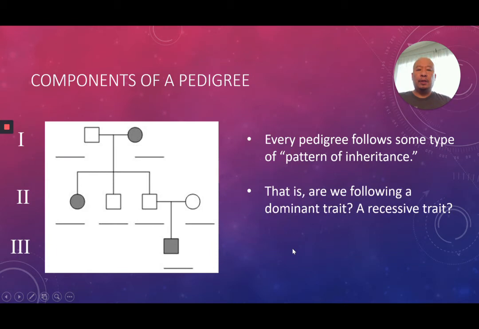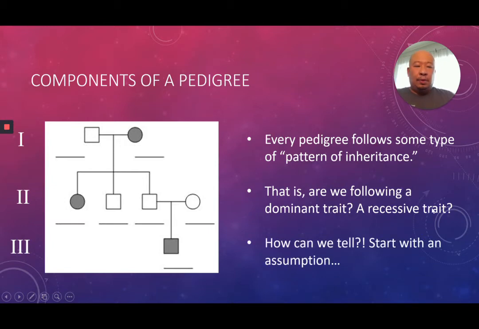The main thing that you have to ask yourself whenever you're looking at a pedigree is, are we following a dominant trait or are we following a recessive trait? A pedigree should be able to visually show either one of them. And if we recognize the pattern, we can figure out what those traits might actually be.